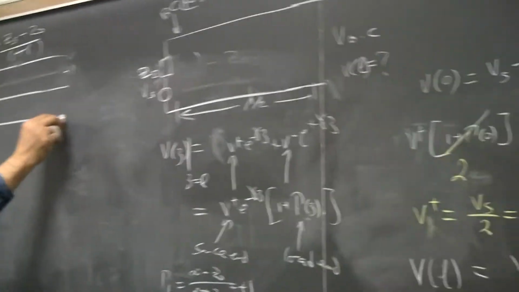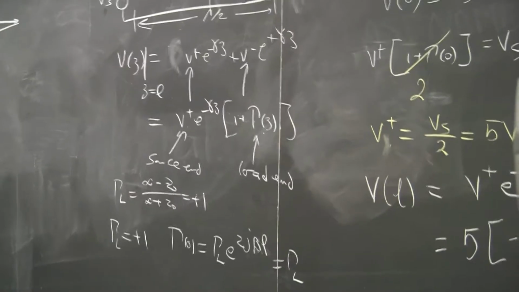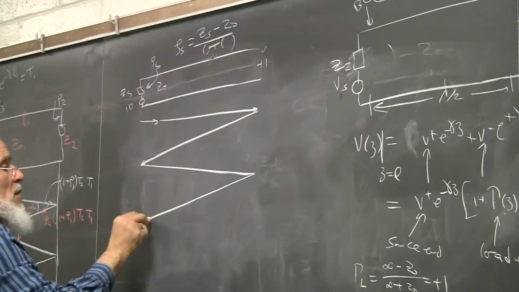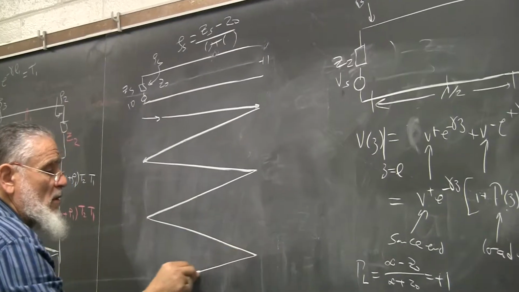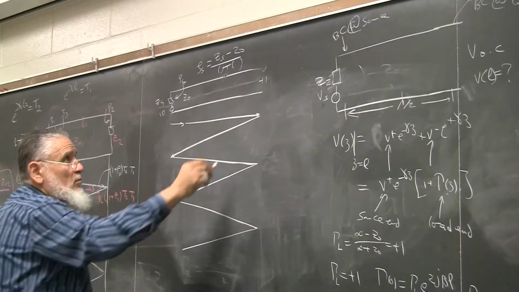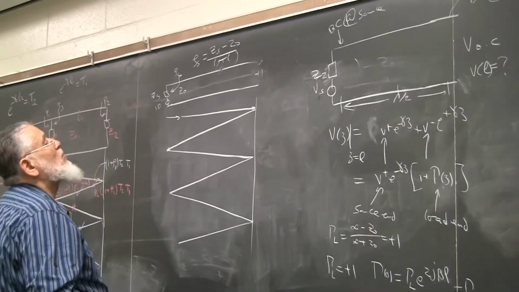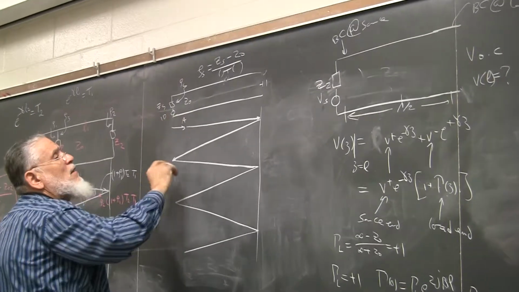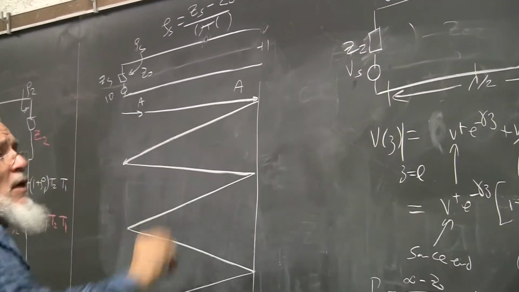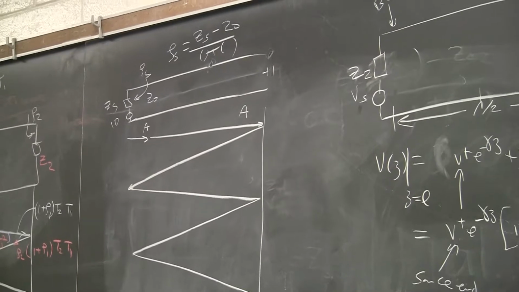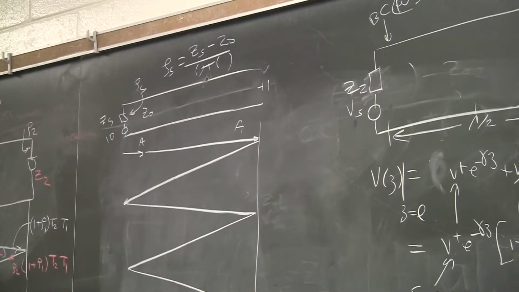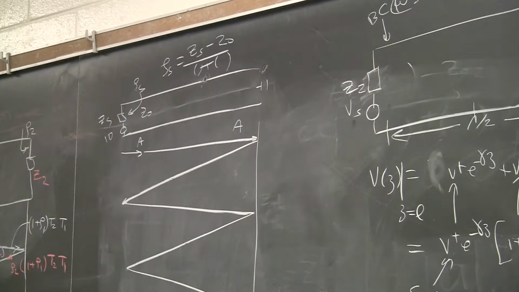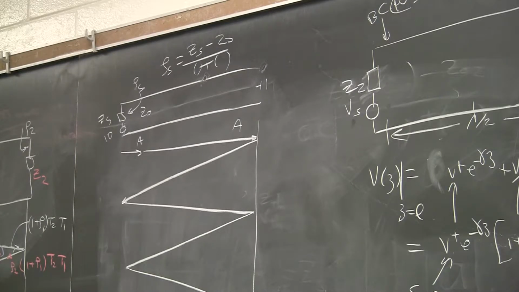Okay? Bounce diagram, I start with the signal, goes to here, bounces back, keeps on bouncing back and forth, right? So let's call the signal A. That becomes A e to the minus j beta L. That's a minus 1, right?